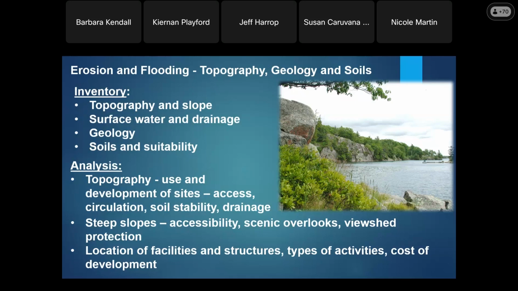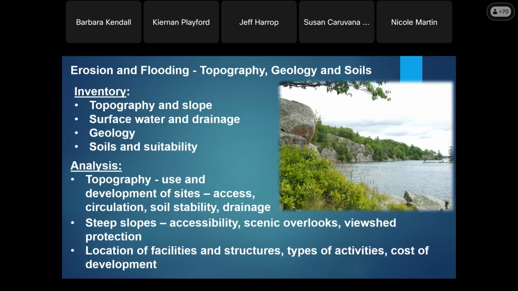And then significant rock outcroppings and other features may be either scenic resources or something that could be an impediment or could be a bonus to the community, certain geological features. So analysis would include, how does the topography affect use and development of certain sites?